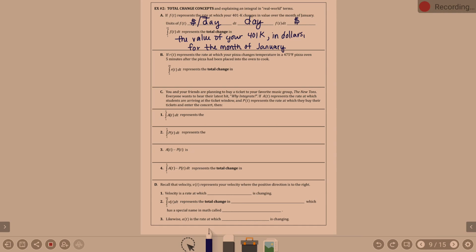Okay, so notice it tells us that R of T represents a rate. We're integrating a rate, and it talks about pizza change temperature.